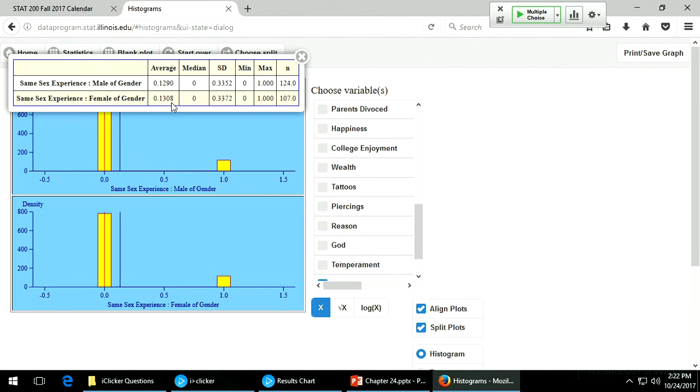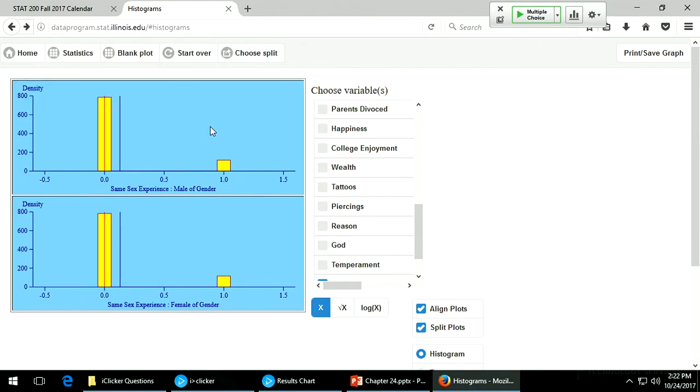Since it's a yes-no response, we really shouldn't be using ANOVA for it, because this is a good example. ANOVA is used when you have a quantitative response, not just a yes-no response. Right?